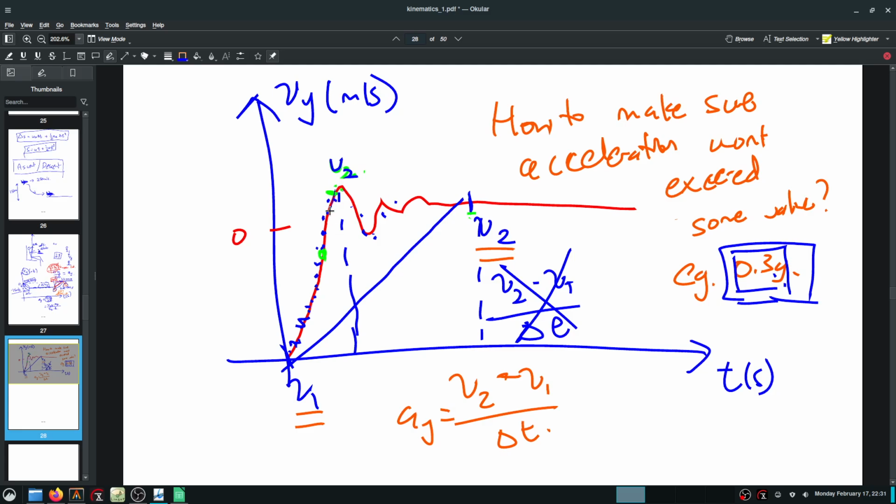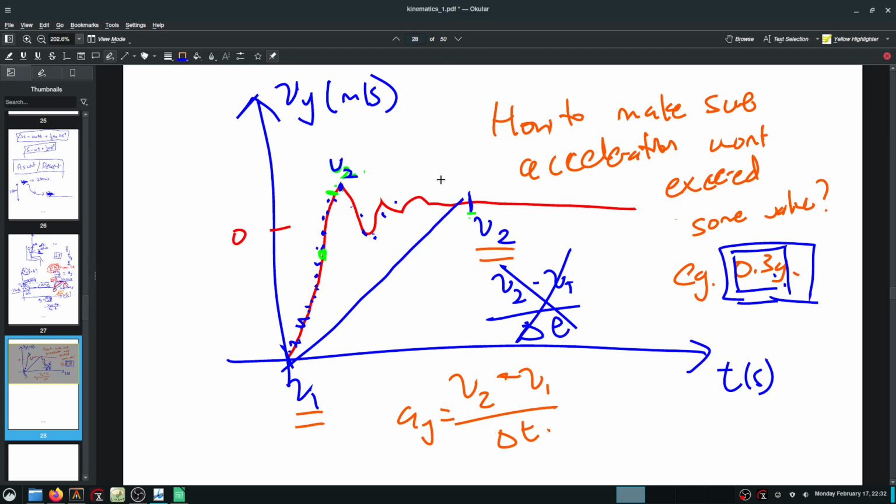Maybe I'll have this v1 and v2 being my two velocity points. This becomes my delta t, and acceleration is v2 minus v1 over delta t. That will give you a good guess for the acceleration on this part of the graph. That part is easy. You can still use this kind of gradient formula.